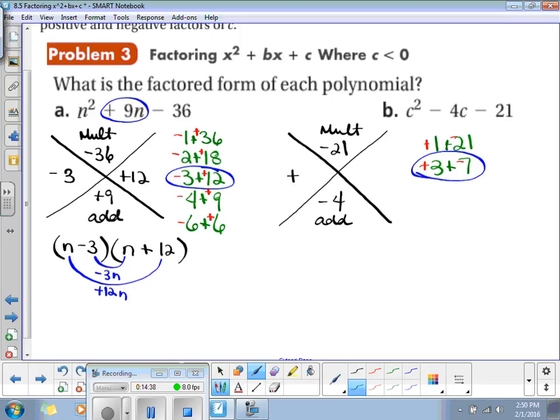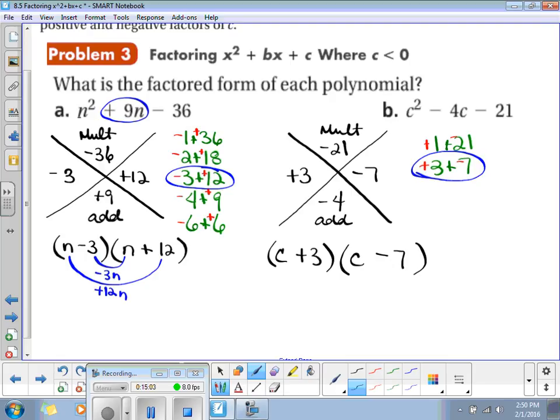So we have a positive 3 and a negative 7. And now we can write our binomials. Okay, so since we're using our variable c, this is going to be c times c, right? And now we're going to finish up our binomial. So plus 3 and minus 7.